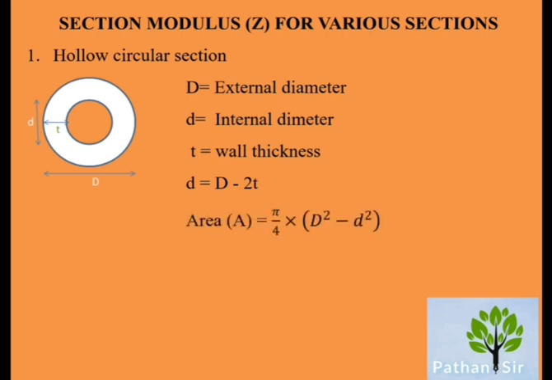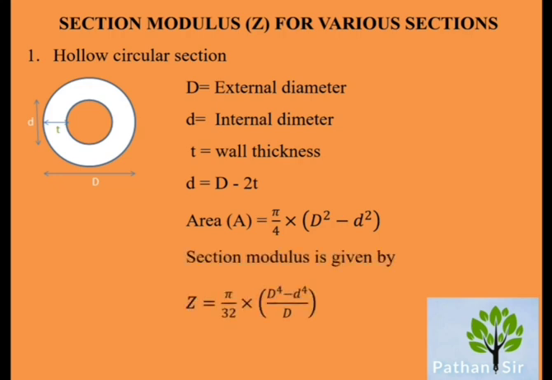For hollow circular section, area is equal to pi by 4 into capital D square minus small d square, and section modulus is given by capital Z equal to pi by 32 in bracket capital D raised to power 4 minus small d raised to power 4, divided by capital D. So for rectangular and hollow circular sections, area and section modulus will change.